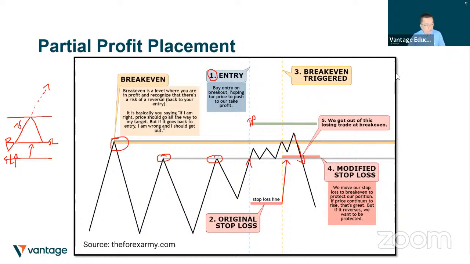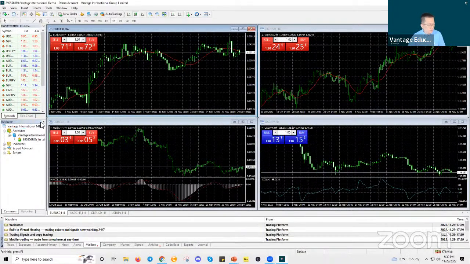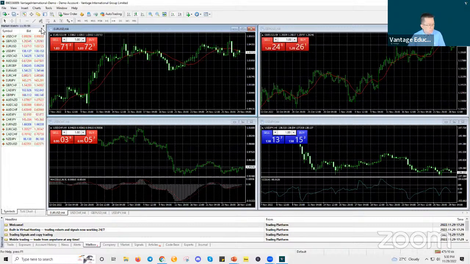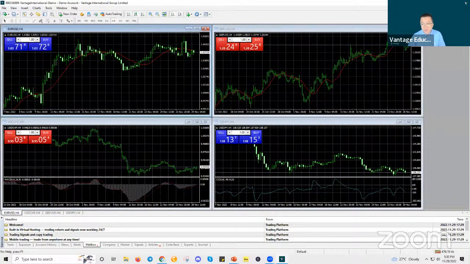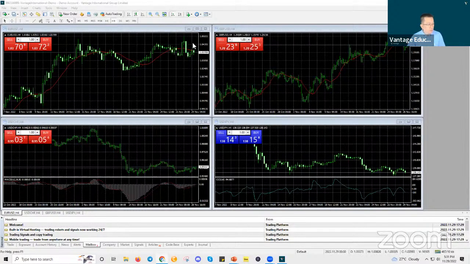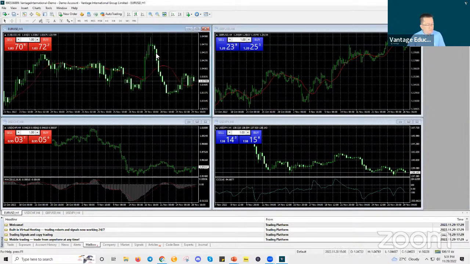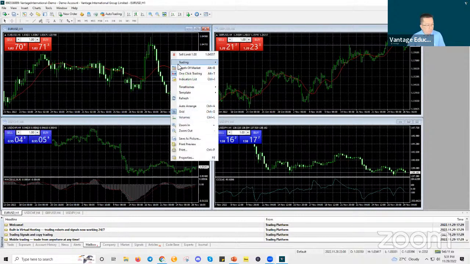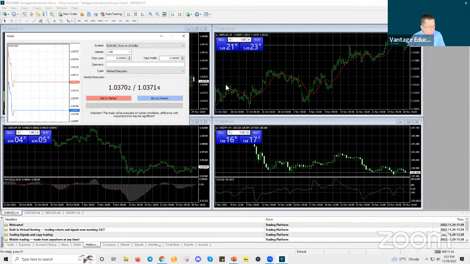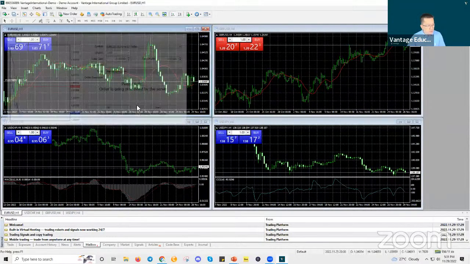Okay, so I'll show you here that I'll just try and enter a quick example of a trade. This is a demo account, so I'm happy to just bung in the trade for now. Let's sell the euro dollar towards the downside.